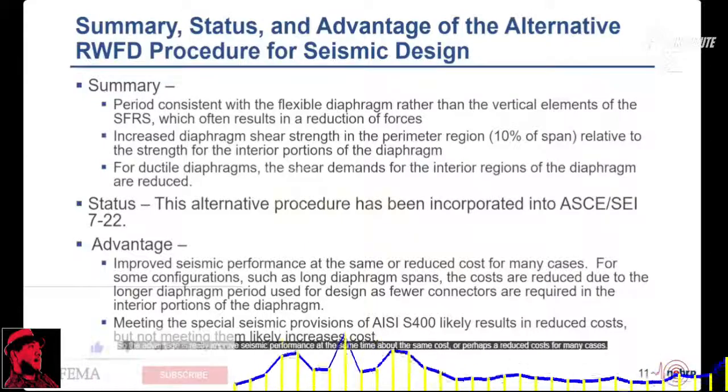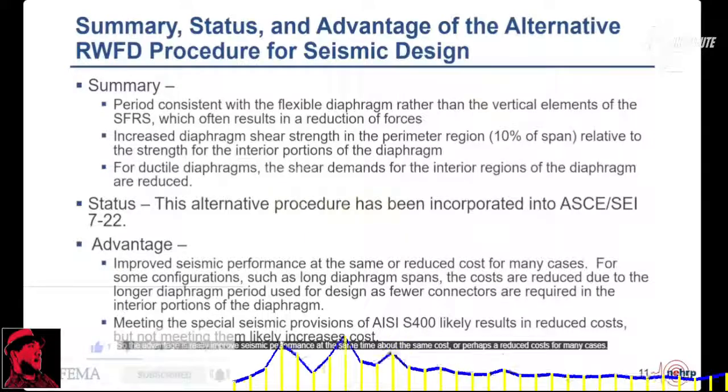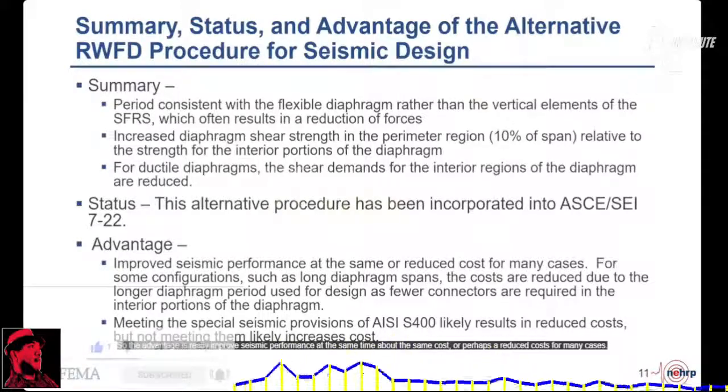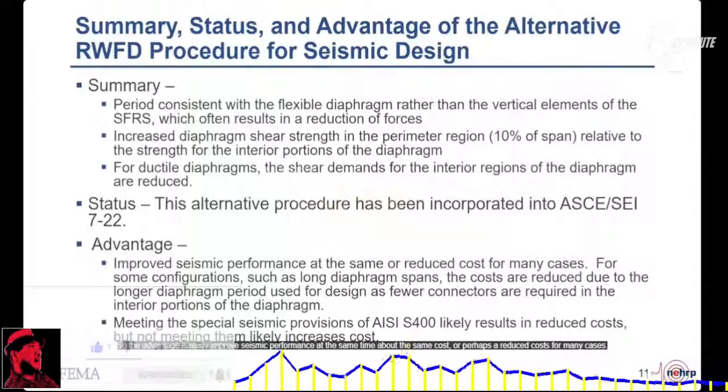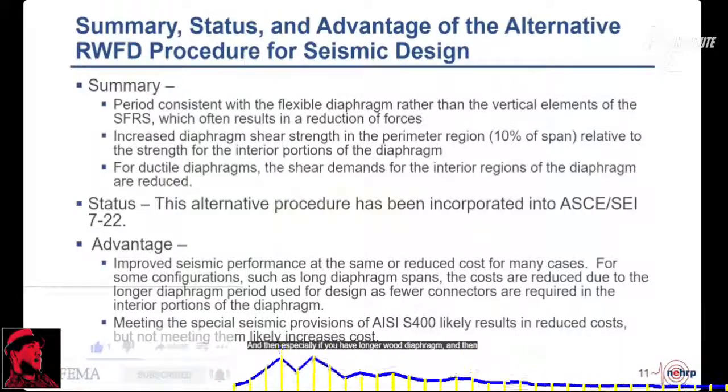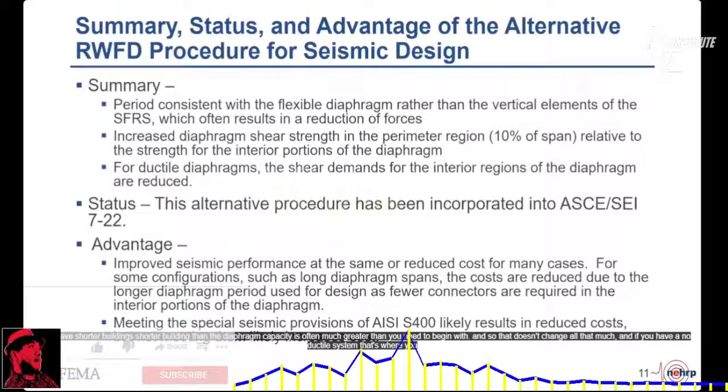So the advantage is really improved seismic performance at about the same cost or perhaps a reduced cost for many cases, especially if you have longer wood diaphragms. If you have shorter buildings, then the diaphragm capacity is often much greater than you need to begin with, and so that doesn't change all that much.